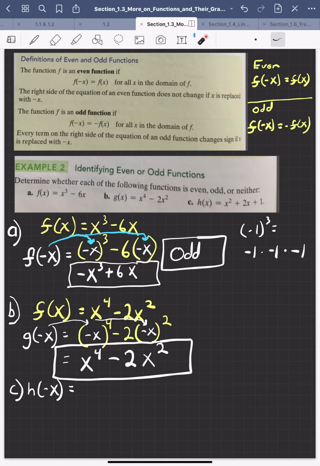Okay, ready? We're going back up here. If it's an even function, when you plug in a negative x, you should get back out what you started with. This is what we started with. We plugged in a negative x. Did we get back out what we started with? Yeah, we did. See how it looks exactly the same. So that tells me it's an even function.